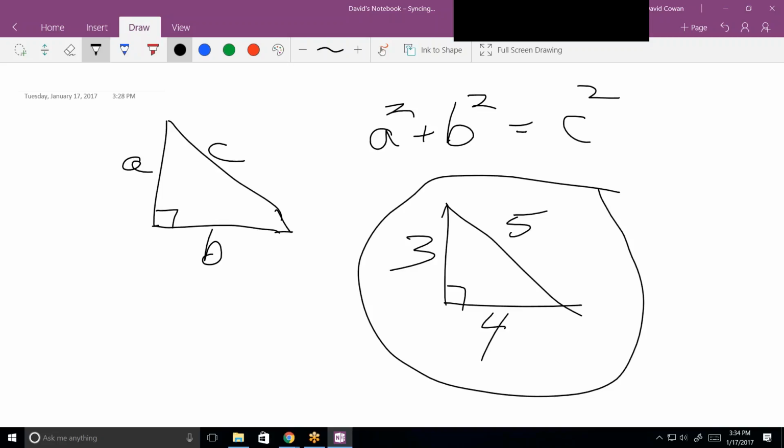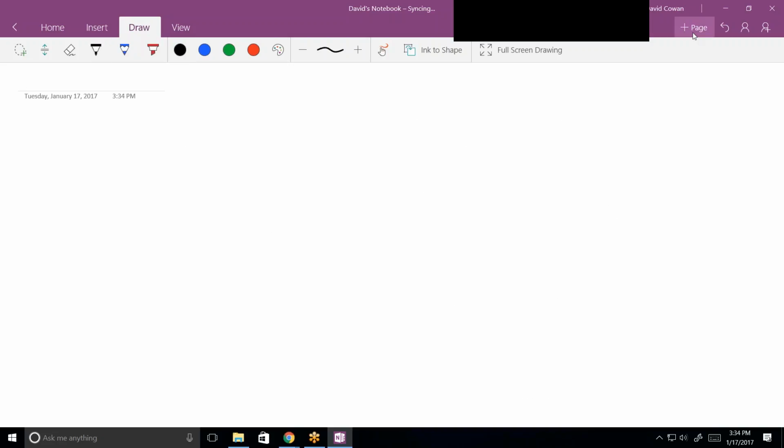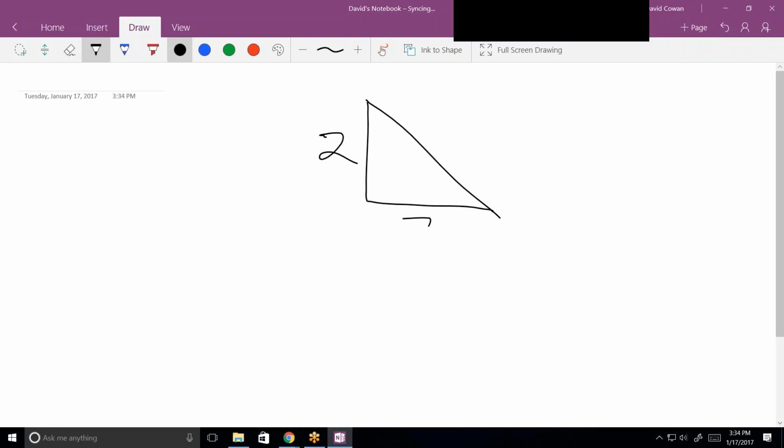Okay? But even if it's not a perfect triangle, what if I made that 2 and 7? What is x? It would be the square root of 53.